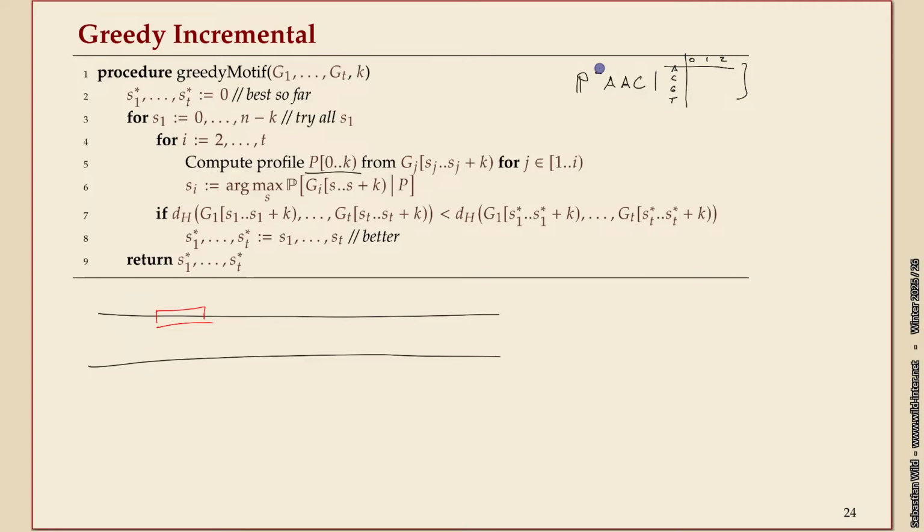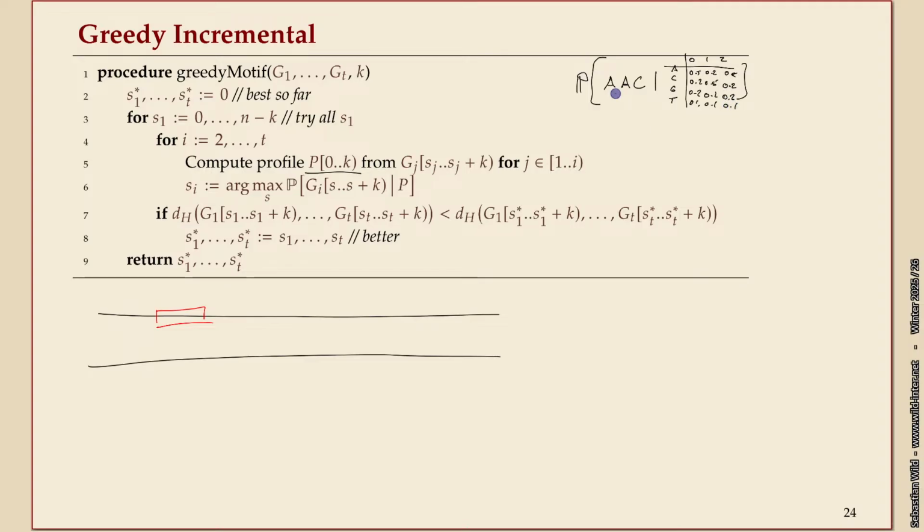I'm just writing the profile as an inline table, whatever encoding P really uses. Suppose here it's, I don't know, A has 0.5, C has 0.2, 0.2, 0.1. Maybe here it's 0.2, 0.5, 0.2, 0.1. I'm only going to use the same numbers so I don't mess up the sum.